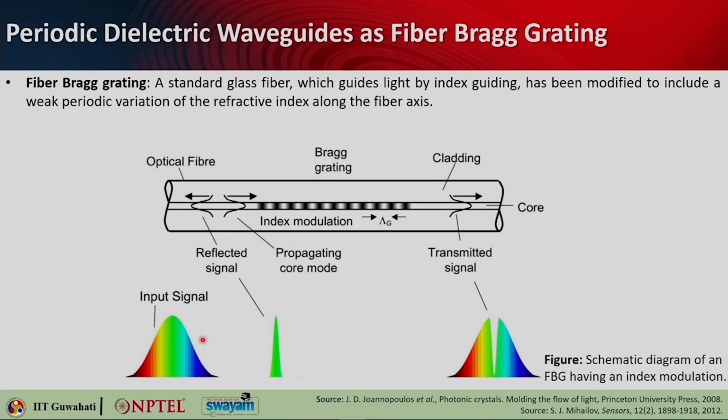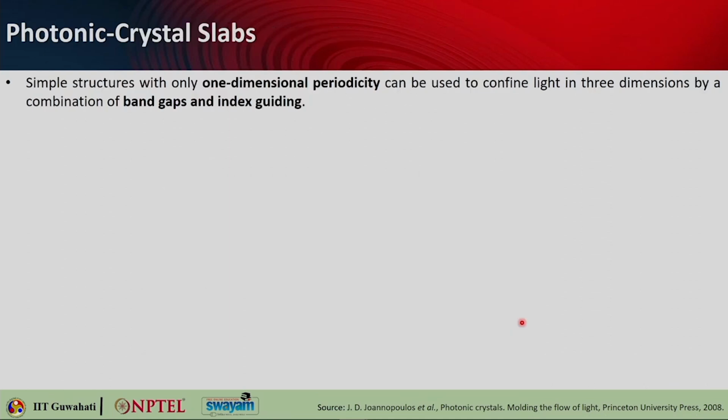So, if you take this kind of input signal, red to blue, all the colors are there, but say you have designed this Bragg grating so that the reflection is maximum at, say, green. So, the green will be stopped and all other colors will be passed. So, this way you can use it for filtering purposes.